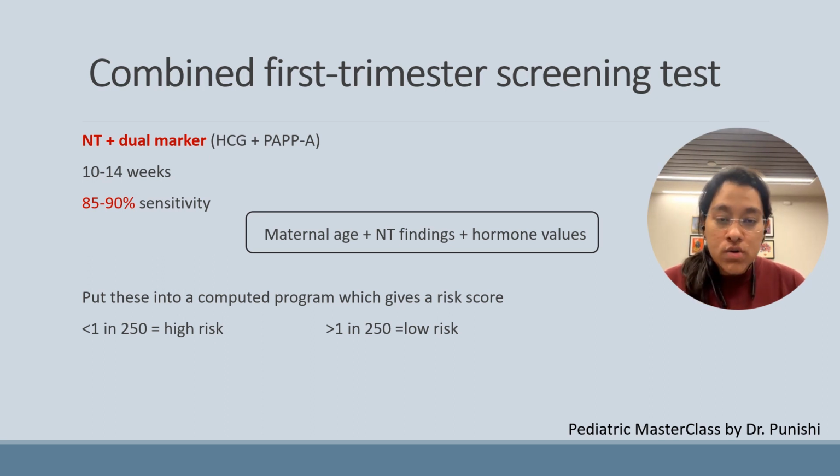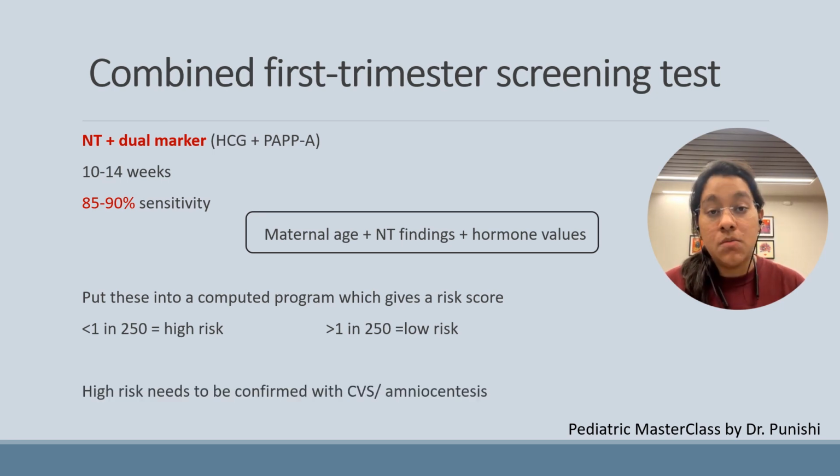So all of those tests that turn out to be falling into the category of high risk need to be confirmed by a confirmatory or diagnostic definitive testing, which is either a chorionic villus sampling or amniocentesis. So the combination of NT and dual markers has a detection rate of about 85 to 90%, which is better than using only nuchal translucency alone.